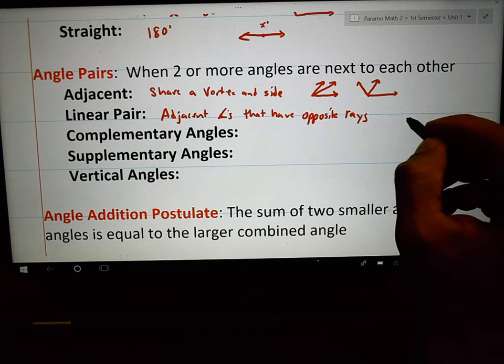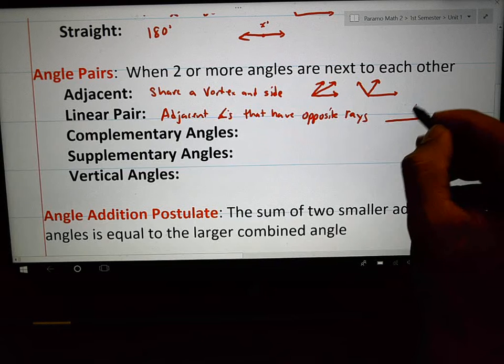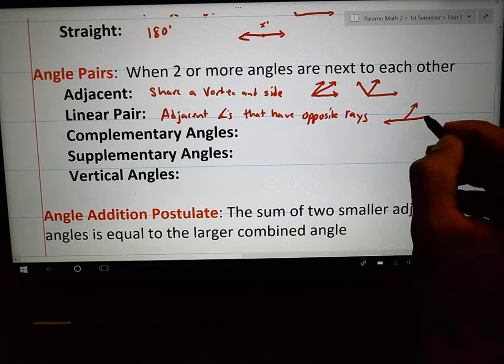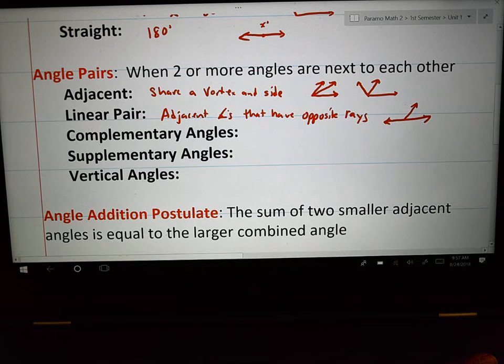A linear pair looks like the one angle plus the other angle makes a straight line. They are supplementary. A linear pair is adjacent, but adjacent angles aren't always a linear pair.